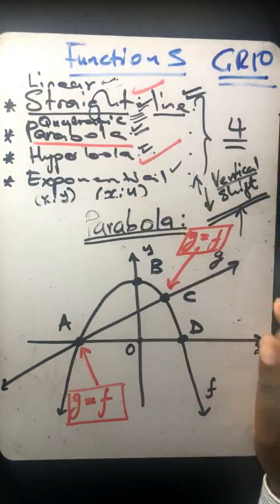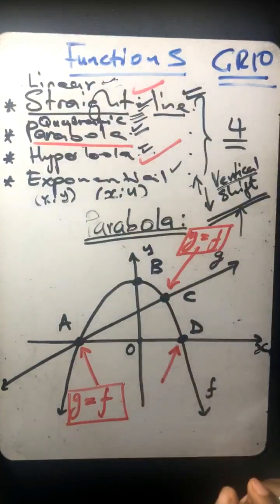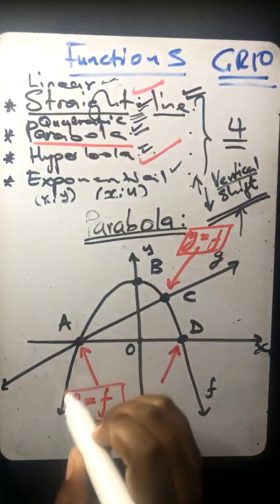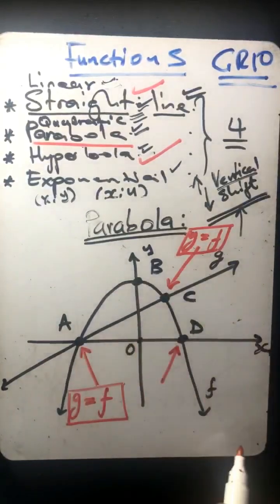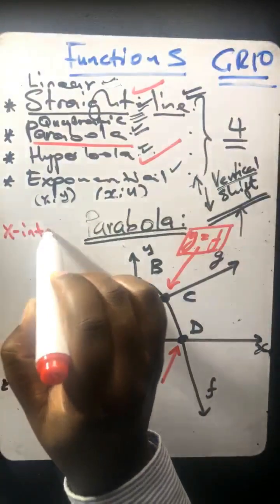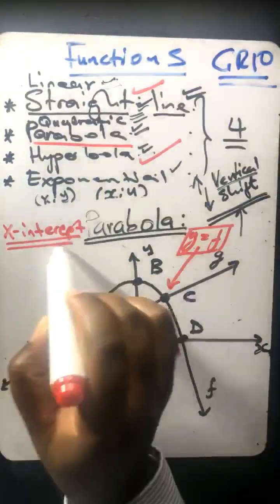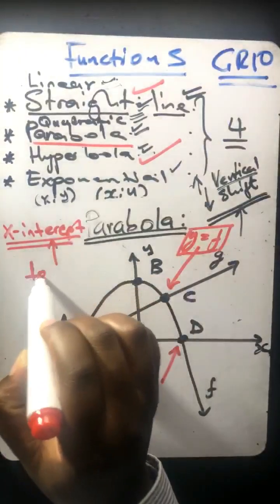And then at point D, that is where this function cuts the x-axis. That is a point that we call the x-intercept. That's where the word comes in, the x-intercept. So otherwise, the intercept means where it touches.